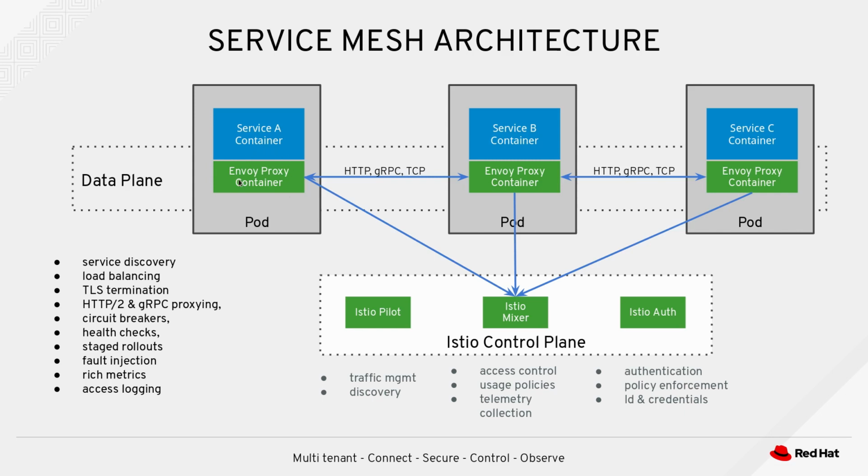So it is based on Envoy, and this Envoy will intercept all the traffic that will reach the pod, and also it will maintain the traffic that is going out of the pod. So this is a place where those policies that were implemented on the control plane will be executed.